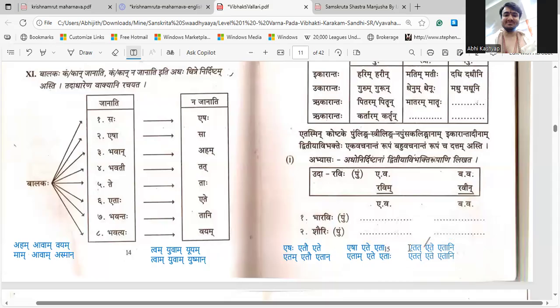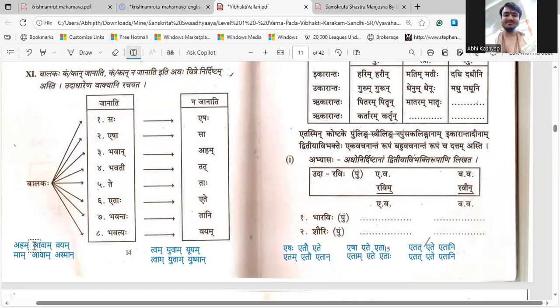So these five we have learned now. Now two more we will learn, with respect to Bhavan. Bhavan is also a part of pronouns only. But the change will be seen when we come to speaking, when we are framing sentences. We will practice some sentences over here.